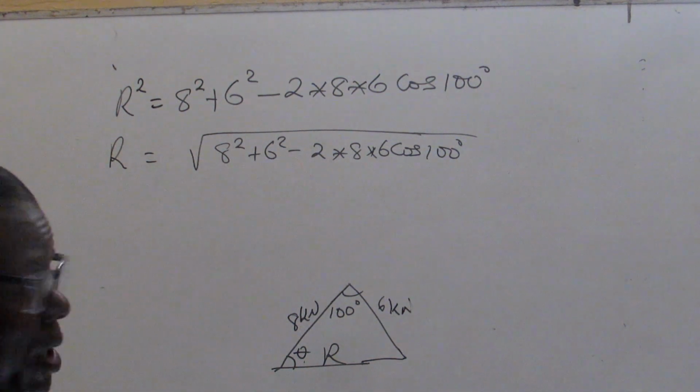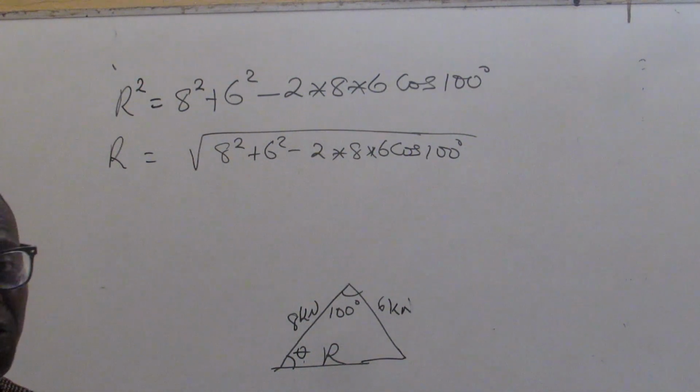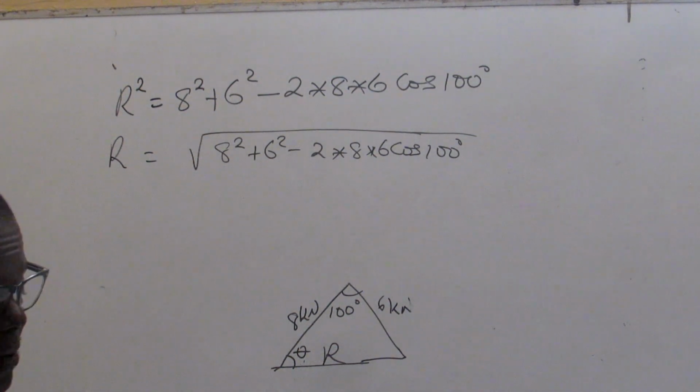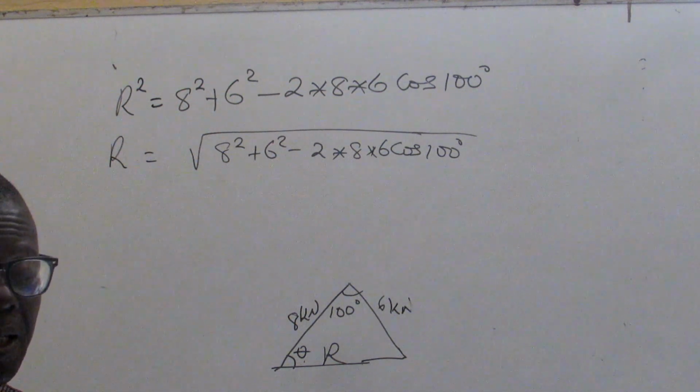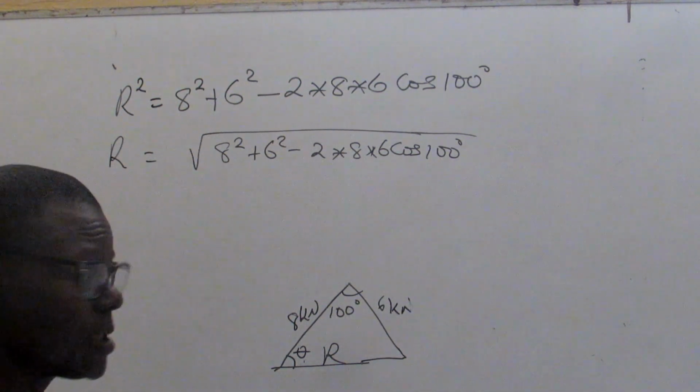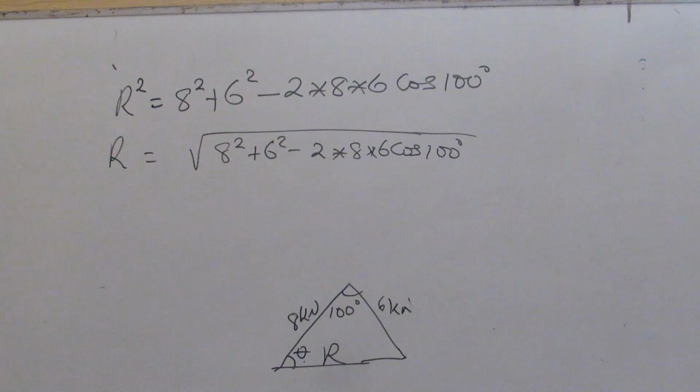Often students make mistakes when their calculator is in radian mode. The angles in radians are different from the angles in degrees, so you have to be very careful.